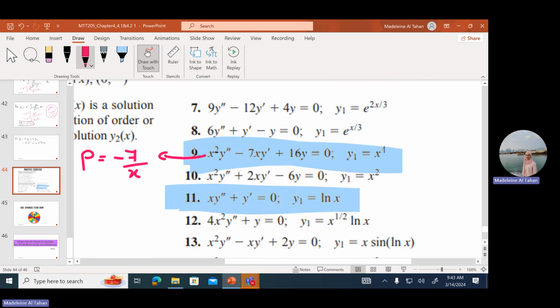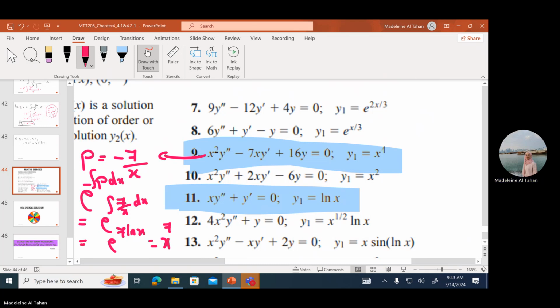Did all of us get P in this way? So e power negative integral P dx is equal to what? E power 7 over x dx, which is e power 7 ln x, which is x power 7. Did all of us get it as x power 7?